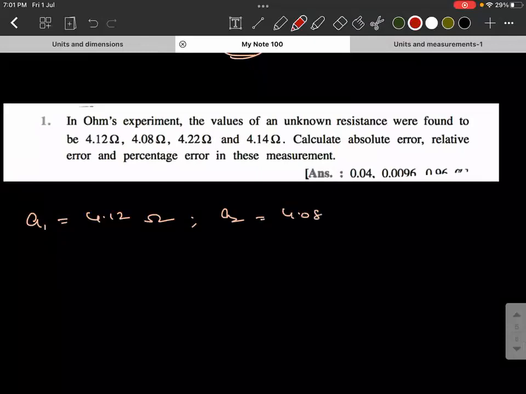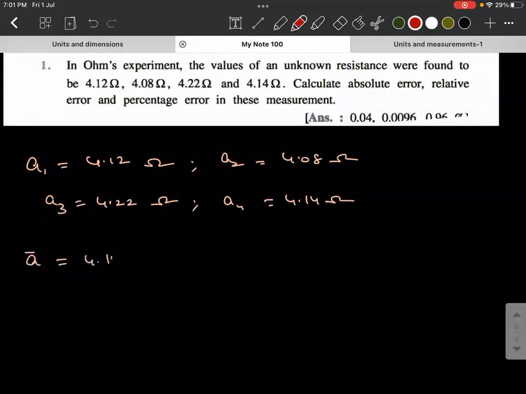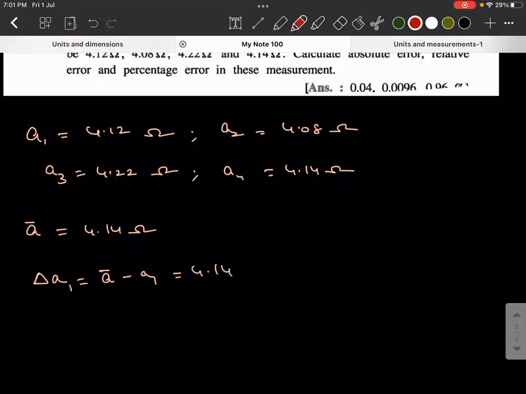A2 is 4.08 ohm. A3 is 4.22 ohm. A4 is 4.14 ohm. Calculate the absolute error. So mean value got it as 4.14 ohm. Is it right? Next you will find delta A1. Delta A1 is A bar minus A1. So 4.14 minus 4.12. So that is 0.02 ohm.